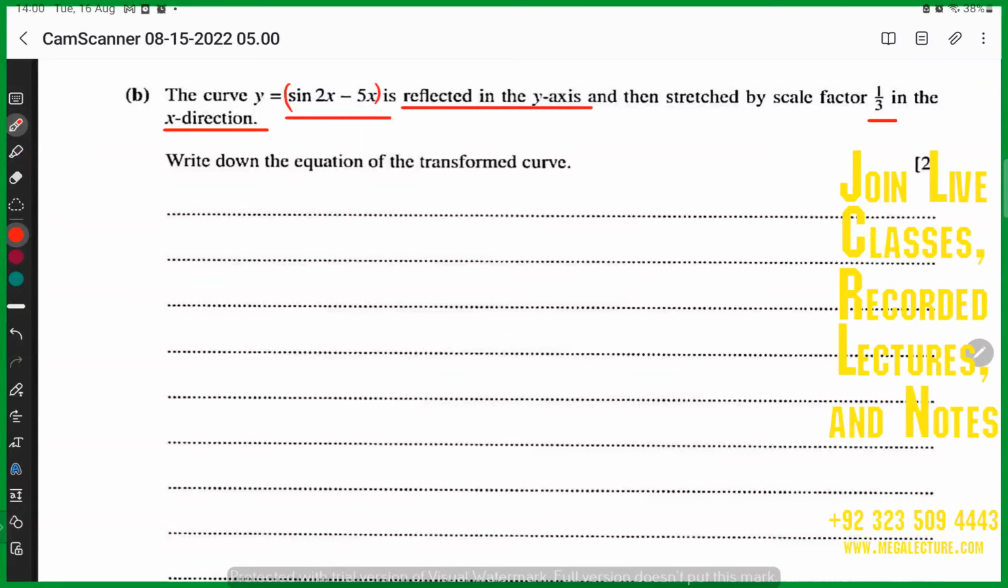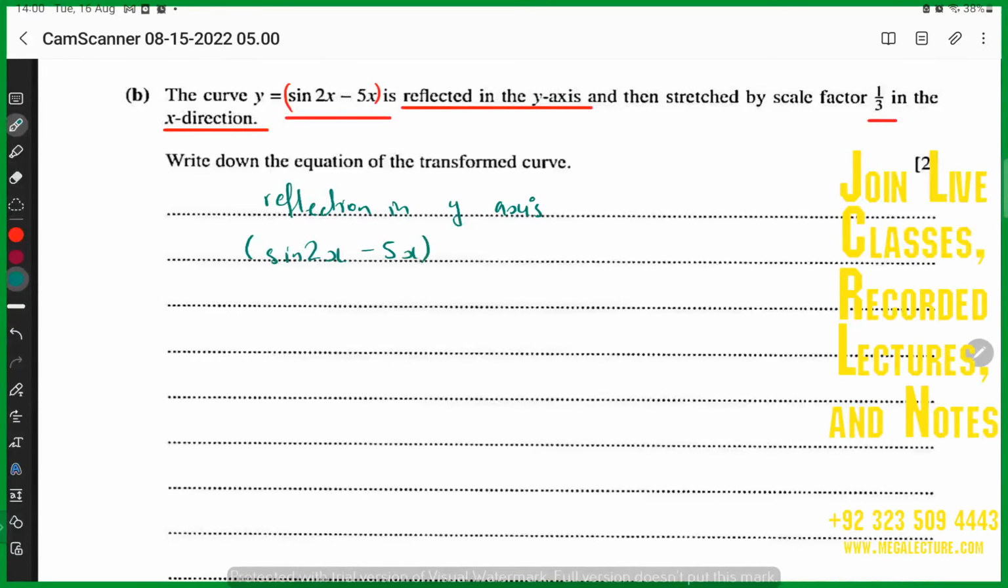So because of this reflection in y-axis, this is sine of 2x minus 5x.